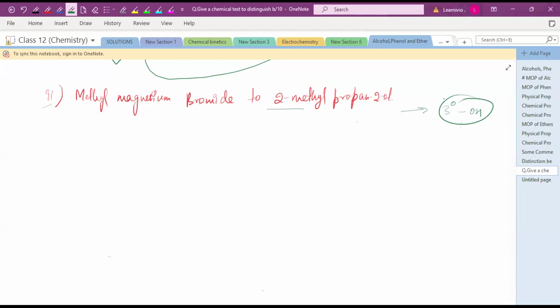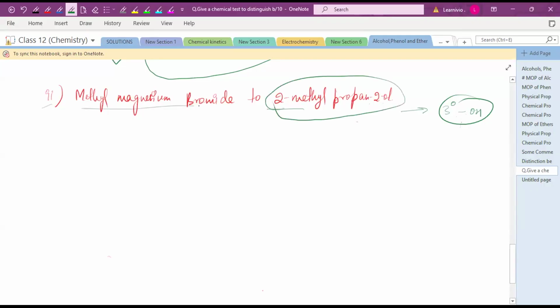We have done 3 reactions. When formaldehyde is treated with the Grignard reagent, you will get a primary alcohol. Other aldehydes, other than formaldehyde, treated with the Grignard reagent, give a secondary alcohol, right? And ketones with the Grignard reagent will give you a tertiary alcohol. Now your product is tertiary alcohol.